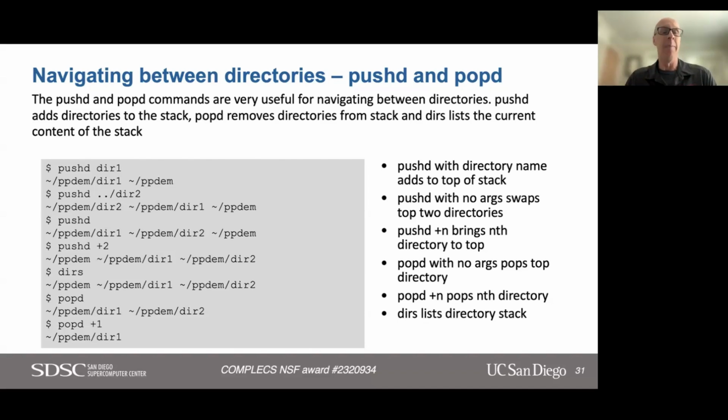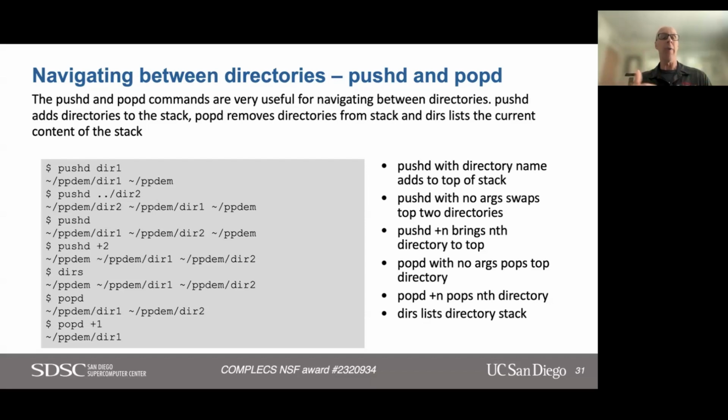So let's say I do start off with pushd directory 1. Now we're going to see that I have a stack. Let's say I'm starting in my home directory in a subdirectory called ppdem. So you can see that ppdem dir1 is at the top of the stack, followed by ppdem.